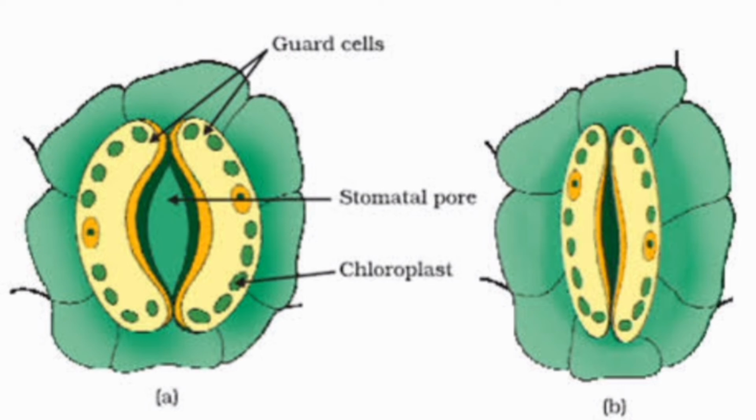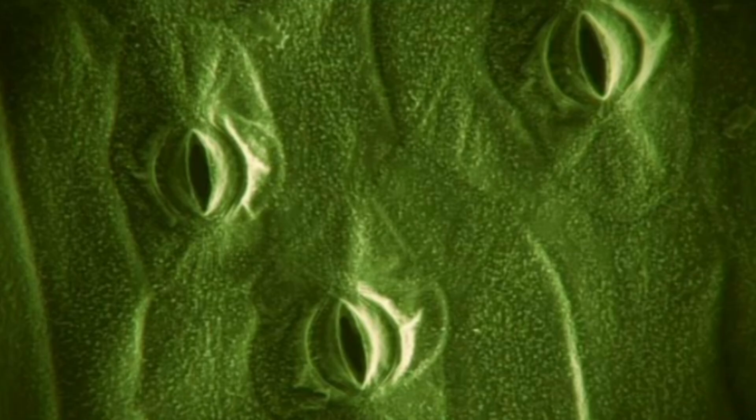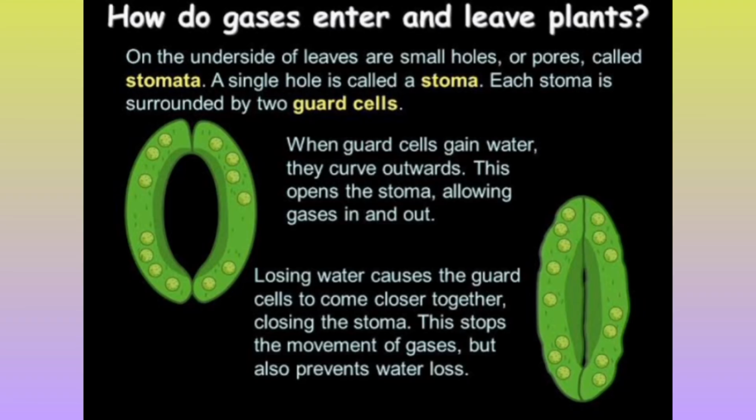It has kidney-shaped guard cells on either side. Imagine that the plant cells have plenty of water. The guard cells become turgid, they swell up, and an aperture is formed in between the two guard cells. Thus, the stomatal aperture is opened.